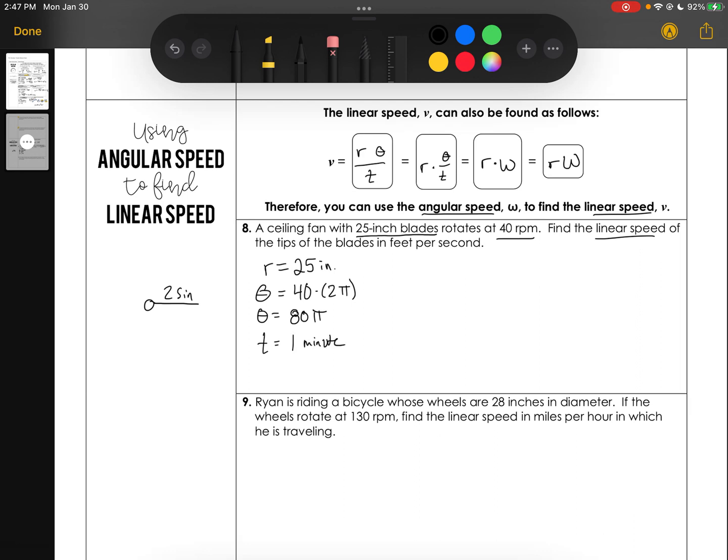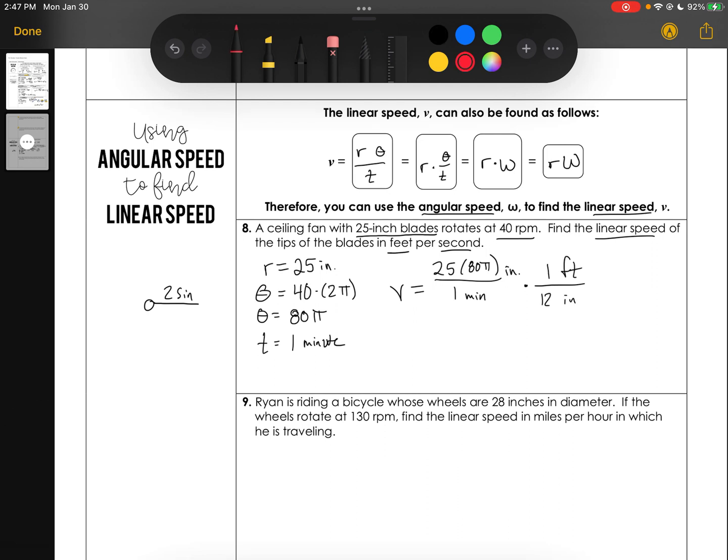And RPM, rotations per minute, so our time is for every 1 minute. We see that there. So from here, we can plug in. So r times theta over time. And they would like this in feet per second.